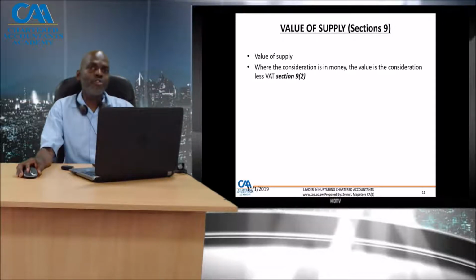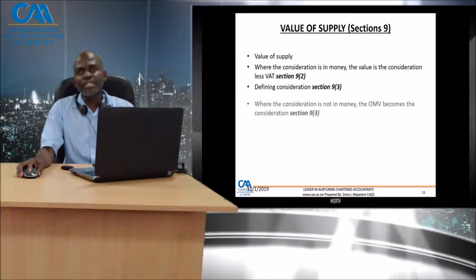So value of supply is $10. VAT is $1.50. Consideration is $11.50. So general rule, value of supply is the consideration less VAT. If you know the consideration, you can work backwards to the value of supply. And that's covered by section 9 too.